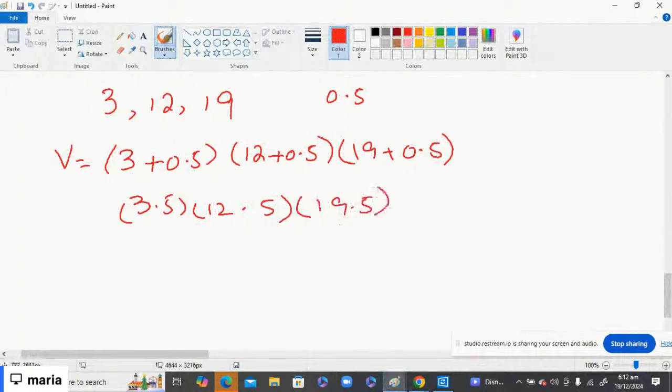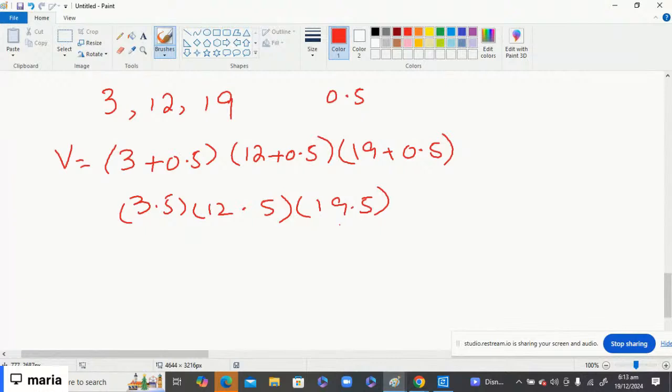Okay, everyone solve it and then tell me what you got when you multiply. So 3.5 times 12.5 times 19.5.